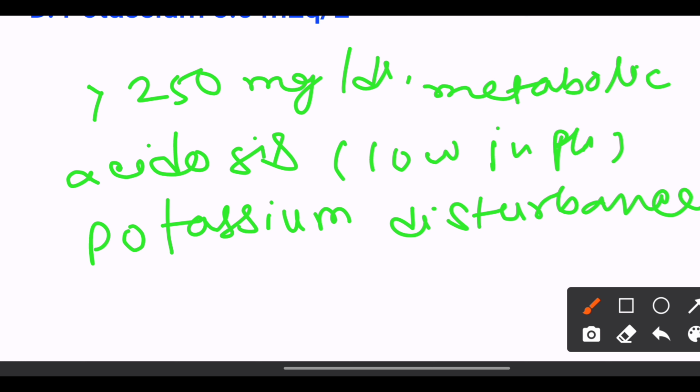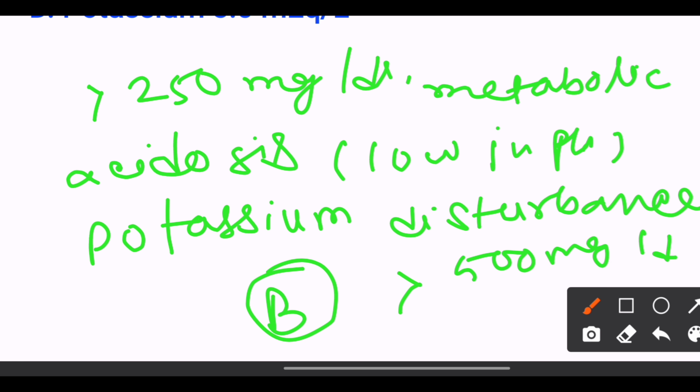So the answer is option B. A glucose level of more than 500 mg per dL is expected in diabetic ketoacidosis.